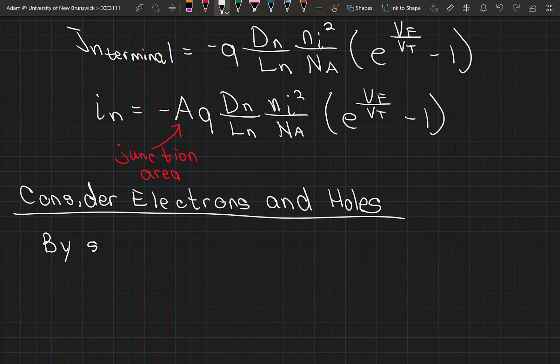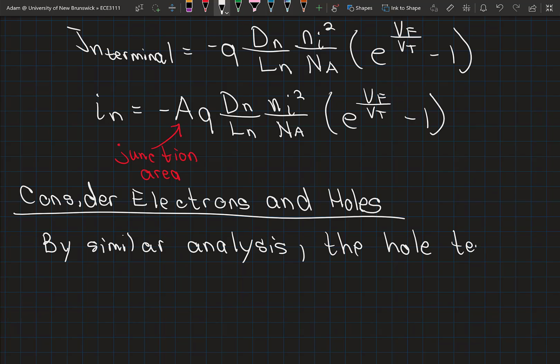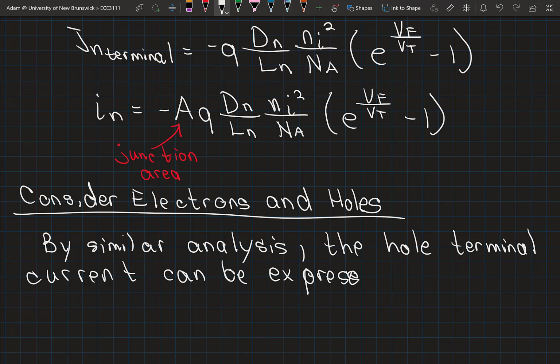So let's just say by similar analysis in the N region, the whole terminal current is going to have essentially the exact same expression, which looks like this.